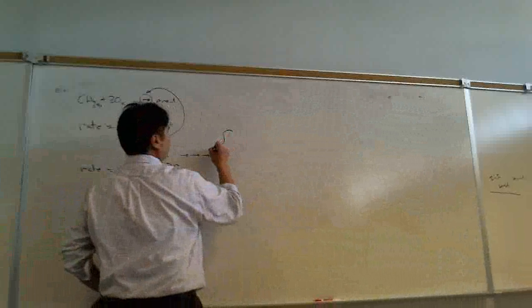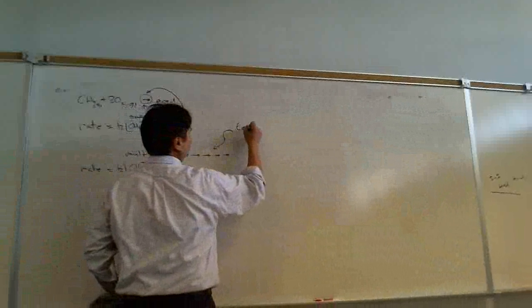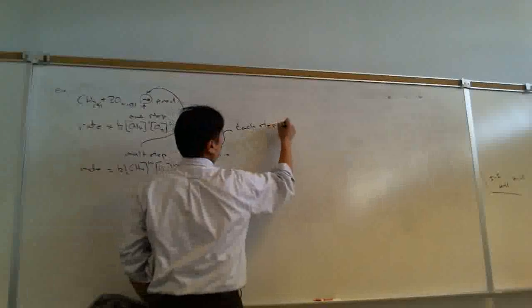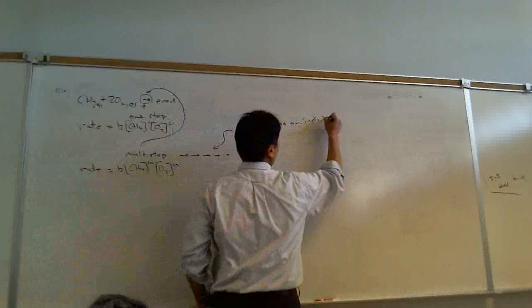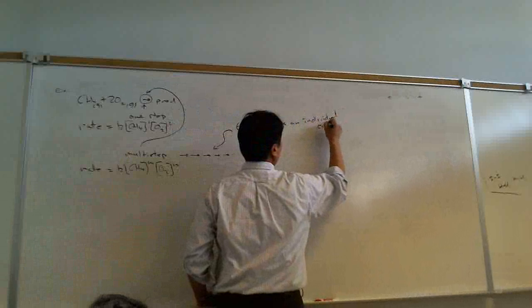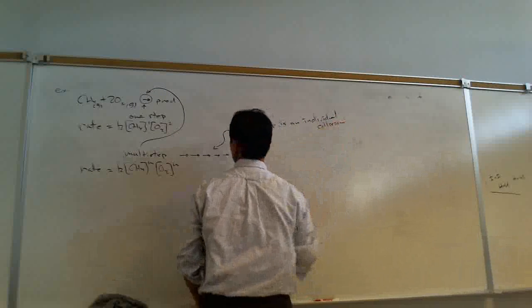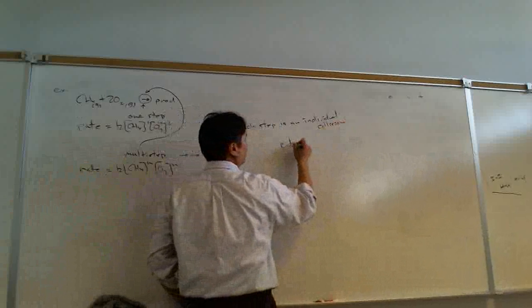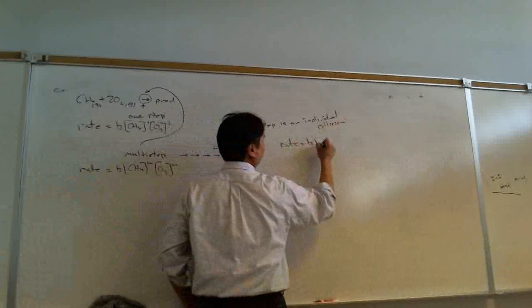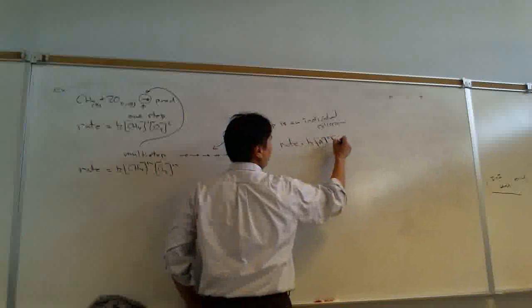So here, each step is an individual collision, and the rate is just going to equal k times whatever is involved, [A]^a[B]^b.